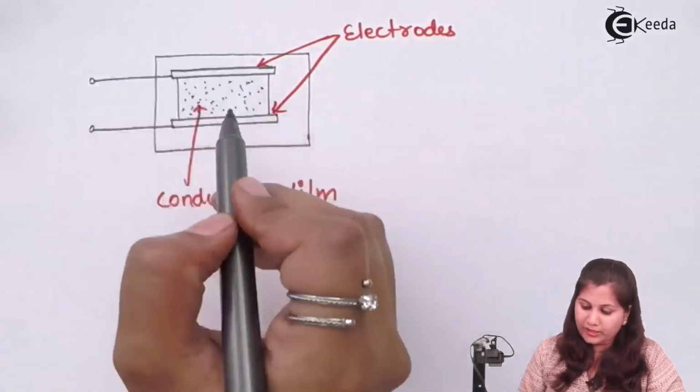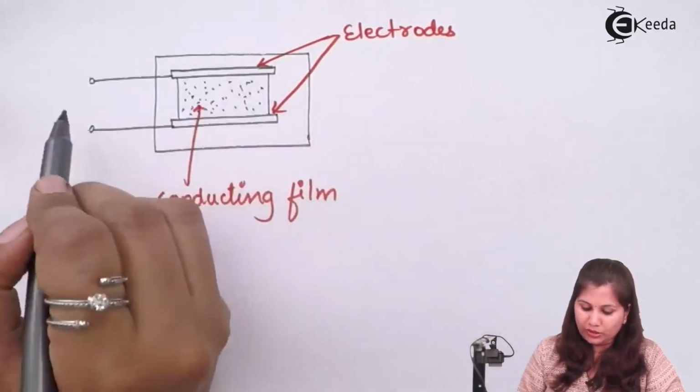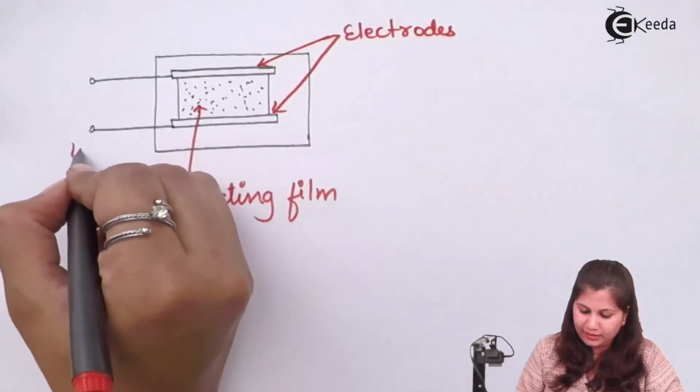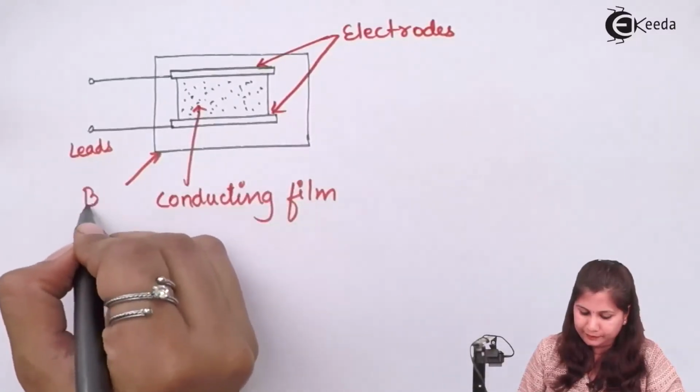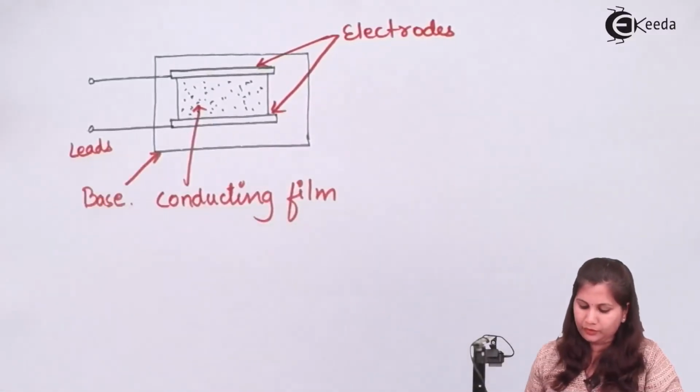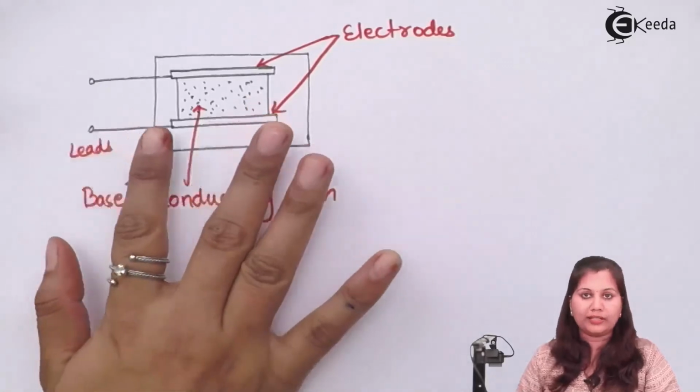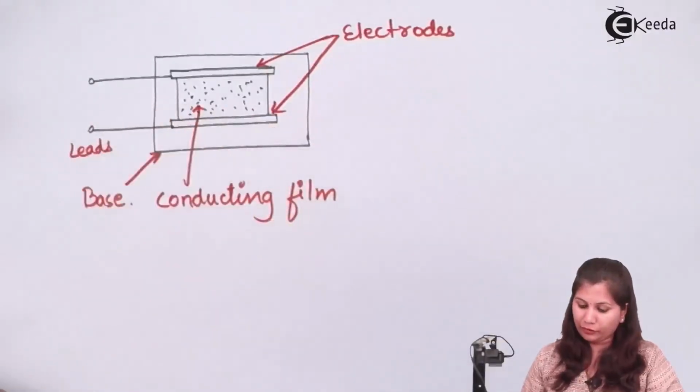So the resistance of these electrodes is going to change. Here we have the leads, and this is the base. So this is one arrangement in the resistive hygrometer.